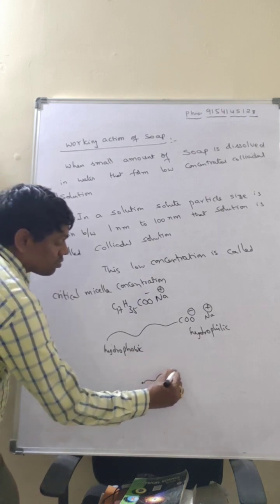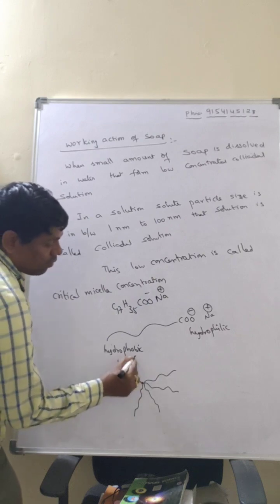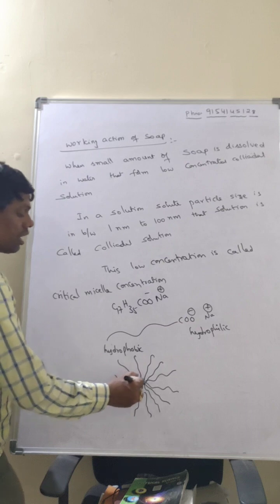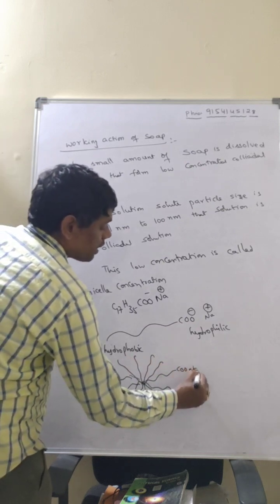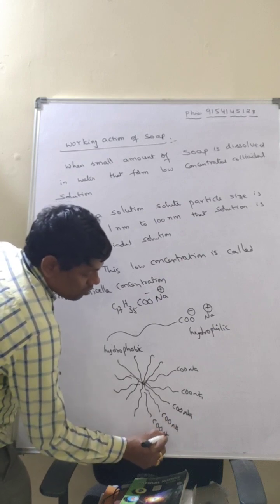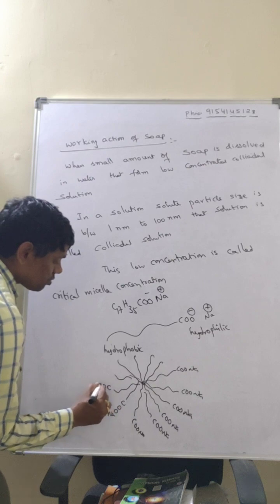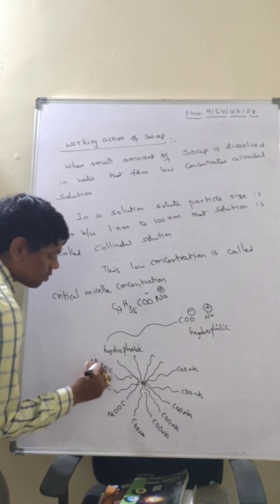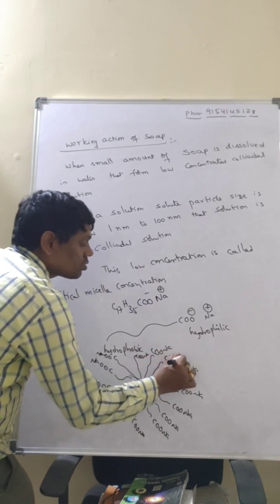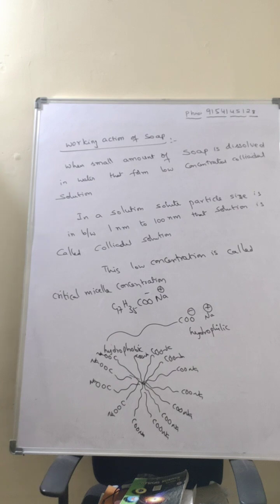The aggregation of all colloidal molecules at a particular point is known as a micelle.